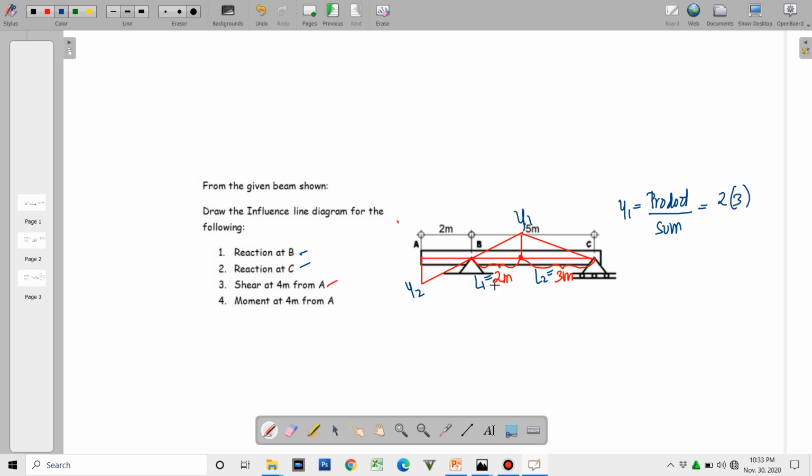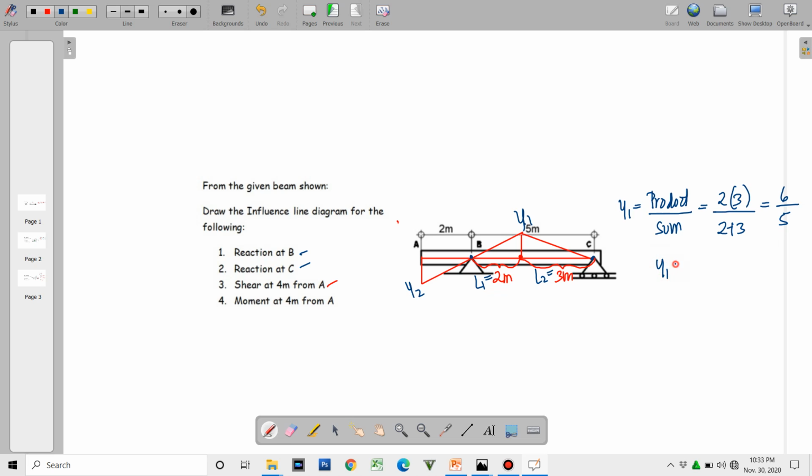And L1 and L2 are those distances that is within the boundary of two support reactions. So 2 times 3, and this is 2 plus 3. So this is 6 all over 5.